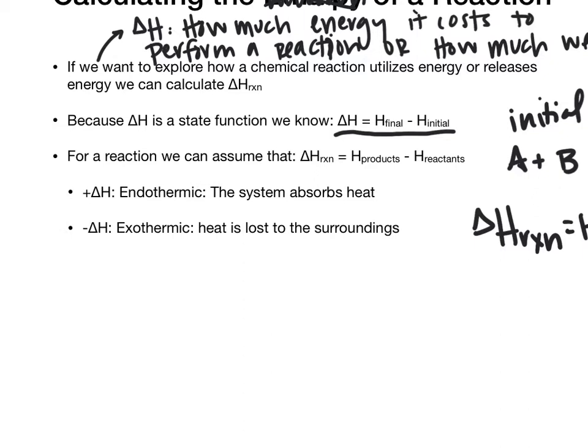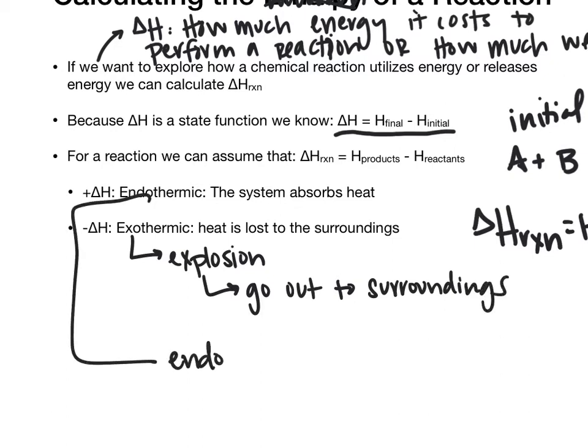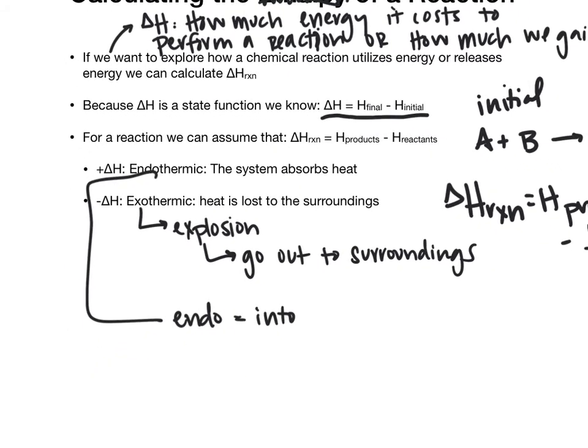I always like to give tips and tricks for how I think about this. Exo, I think of an explosion, where things go out to the surroundings. And endothermic, endo equals into in my mind, so it goes into the system.